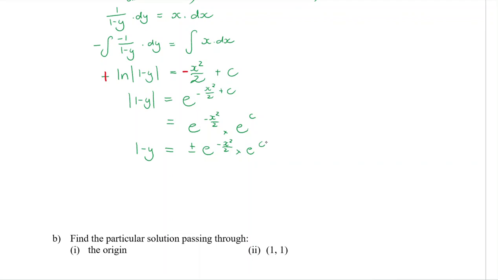That's right. Correct. So what I'm going to do is I'm going to change that. I'm going to use an a this time. I'm going to do a e to the negative x squared over 2. And I'm going to explain over here that a is equal to e to the power of c, where a is positive or negative.